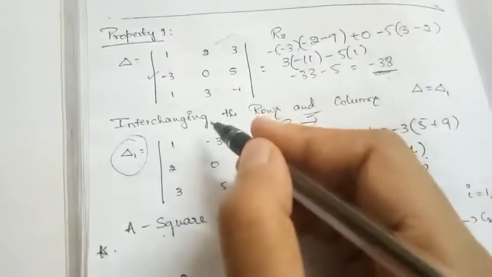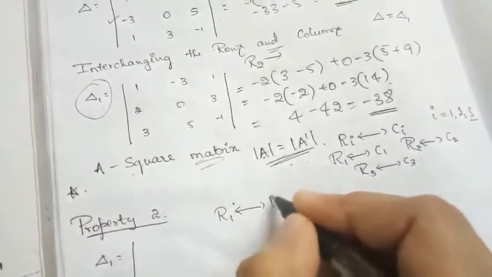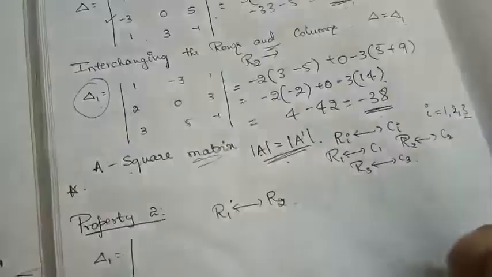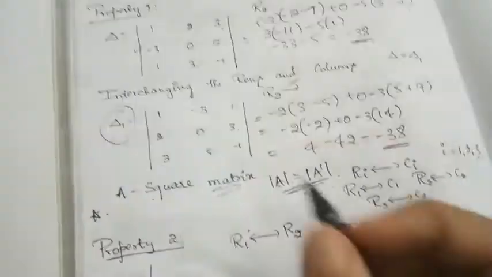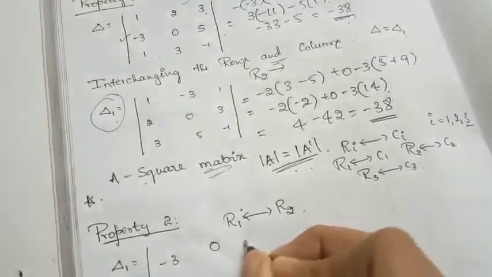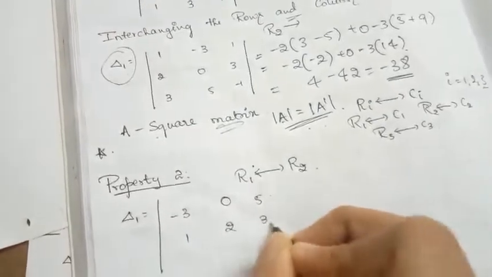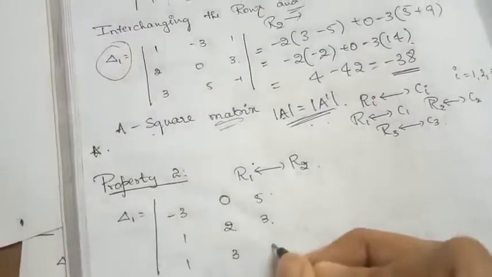Now I am considering a new determinant delta 1, which is obtained by interchanging the first row with the second row. I am interchanging row 1 and row 2. After interchanging, delta 1 becomes minus 3, 0, 5, 1, 2, 3, 1, 3, minus 1. Right? Comparing this one along with this one.